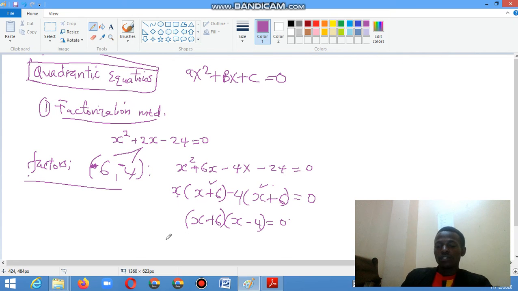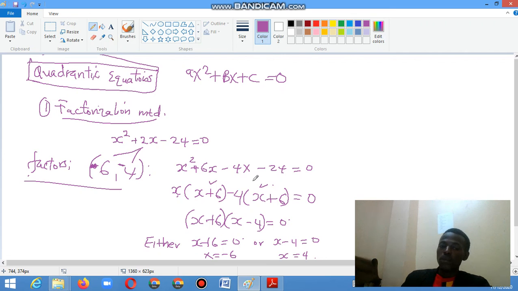Therefore, if they want the values of x, we shall have either x plus 6 equal to 0, so x is equal to negative 6, or x minus 4 equal to 0, so x equals 4. That's how easy it is.